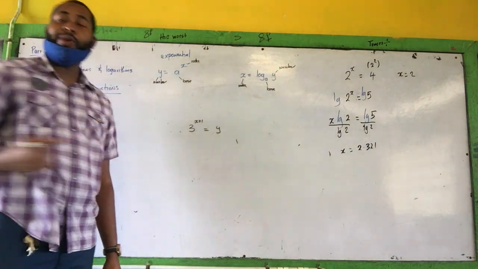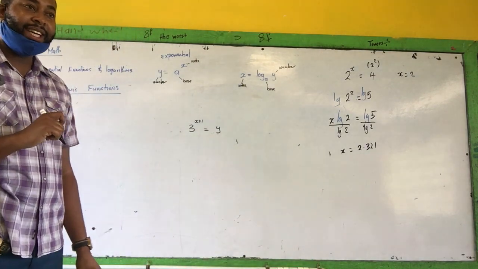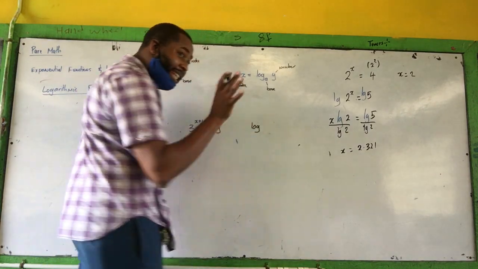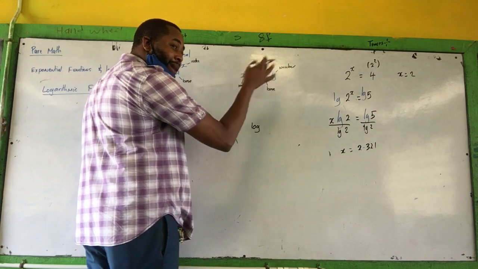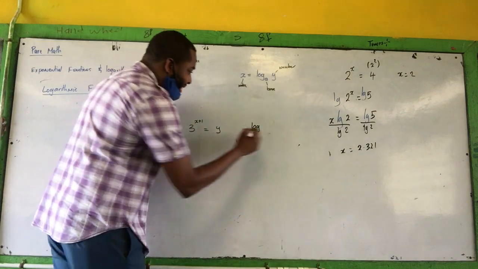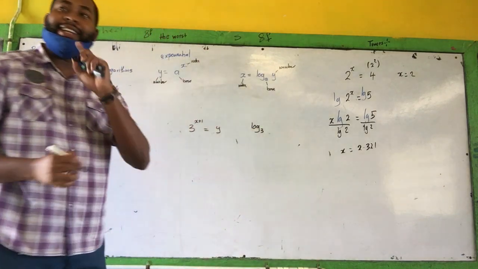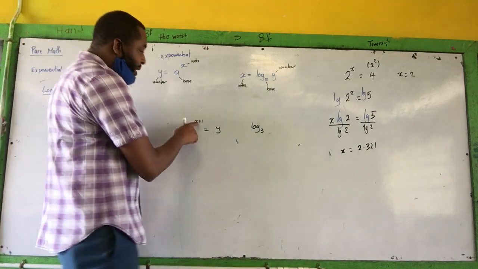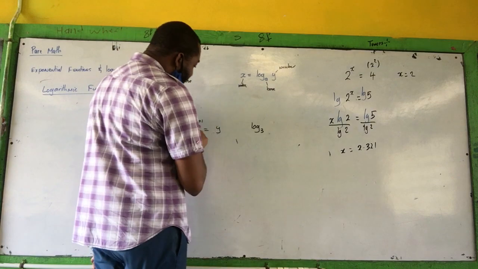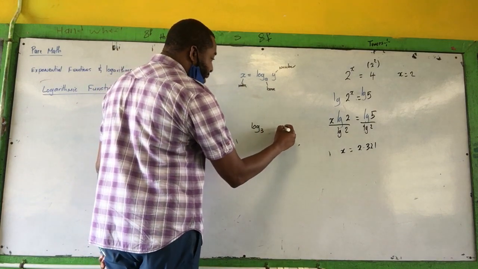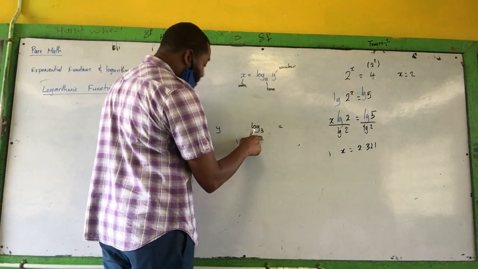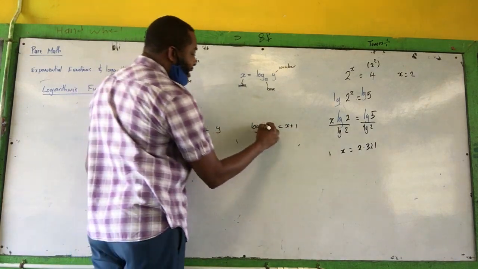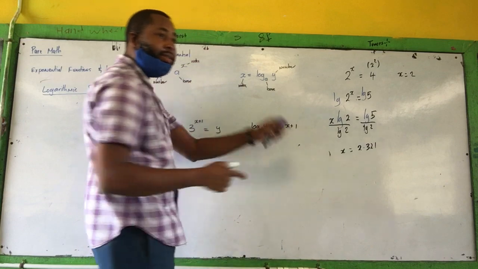If I want to write this as a logarithmic equation, it will be what? If you don't know anything else, start with log, of the base. The point of the log is to allow us to solve for the exponent. So what's the exponent here? Log to base 3 of something must equal x plus 1. The only part missing is the y. So log base 3 of y will be equal to x plus 1.